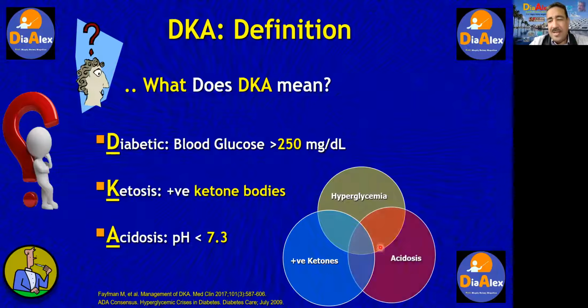And A means there is acidosis, means there is pH less than 7.3. When you find the three components of hyperglycemia, ketones, and acidosis, this is called DKA or diabetic ketoacidosis.